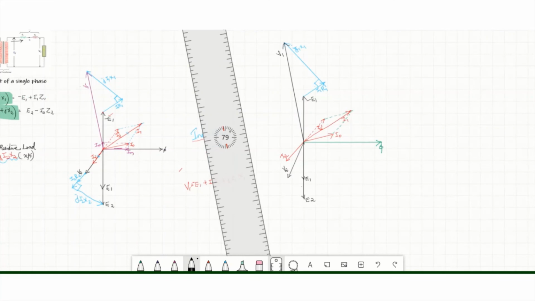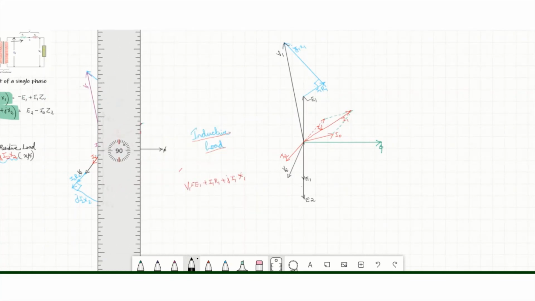In the secondary side we have V2. The secondary side equation is this one: E2 is equal to V2 plus I2 R2 plus J I2 X2.